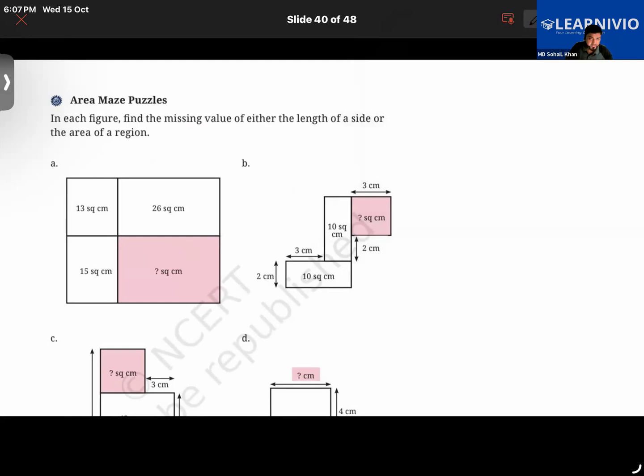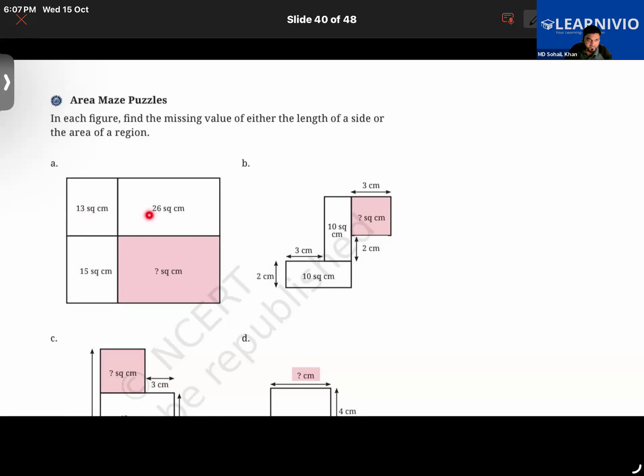First of all, let's try to analyze if there's some pattern in it. See, the area of this block is 13 square centimeter, and the area of the adjacent one is equal to 26 square centimeter, which is just double of 13 square centimeter.